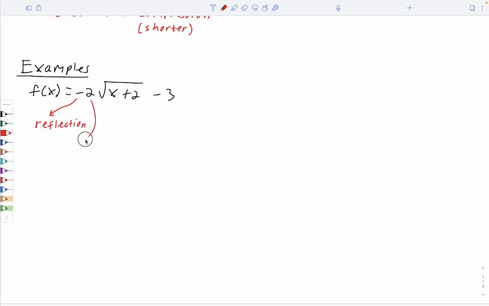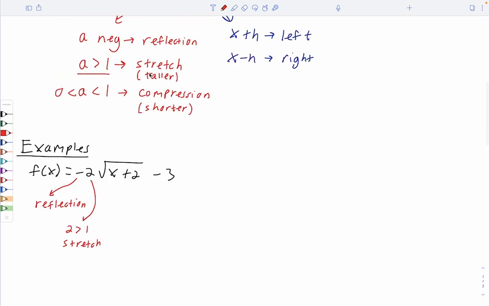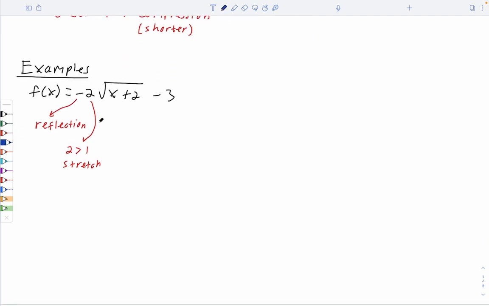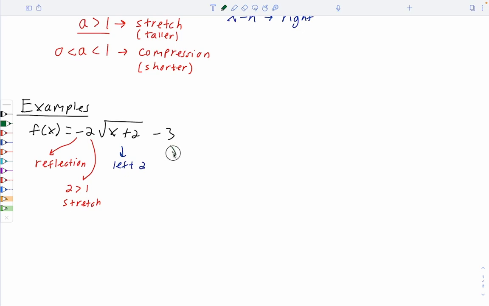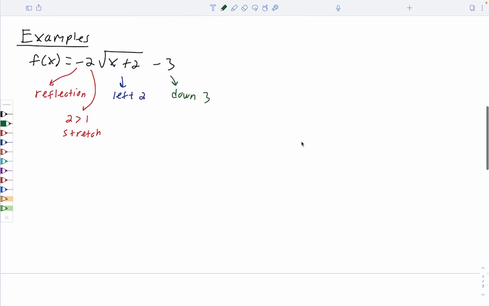Next, the 2 here is bigger than 1, so this is going to be a stretch, right? Then inside here, the x plus h is x plus 2, so this will go left 2. And then finally, the k value is this minus 3, so it'll go down 3.